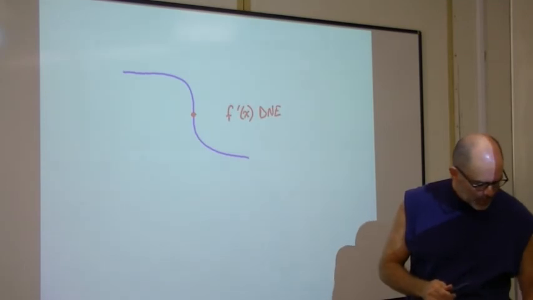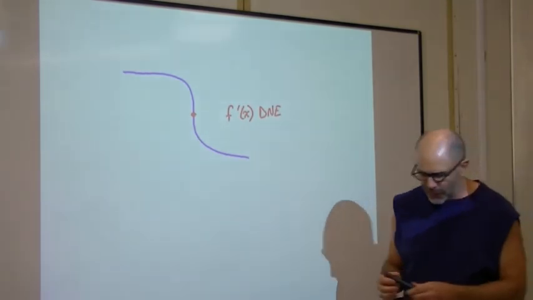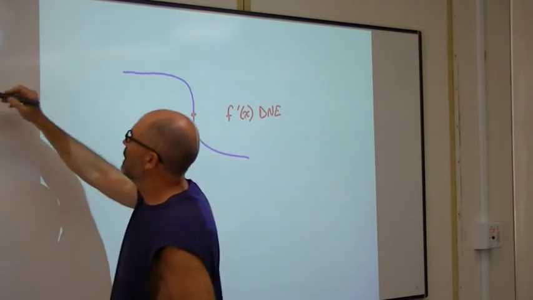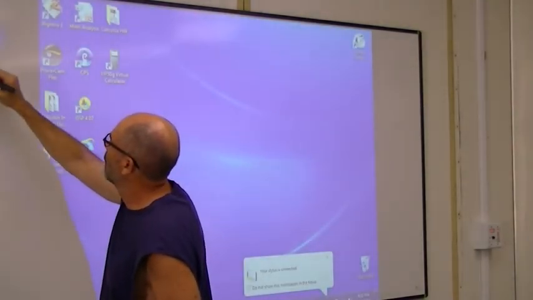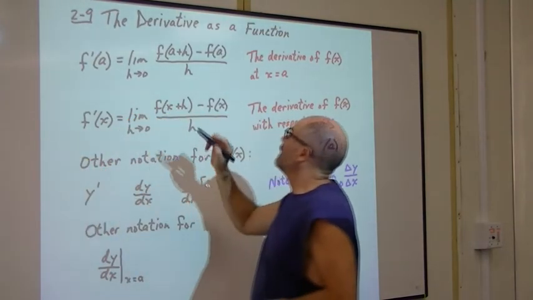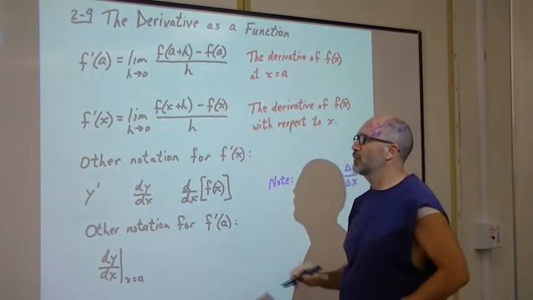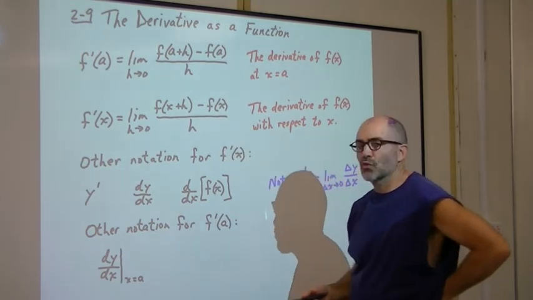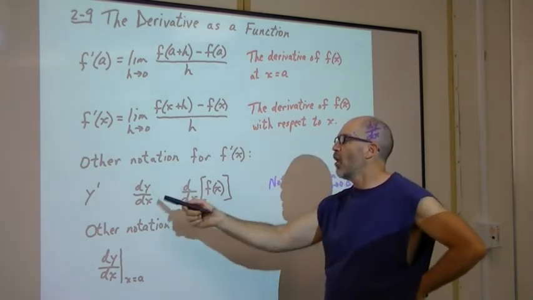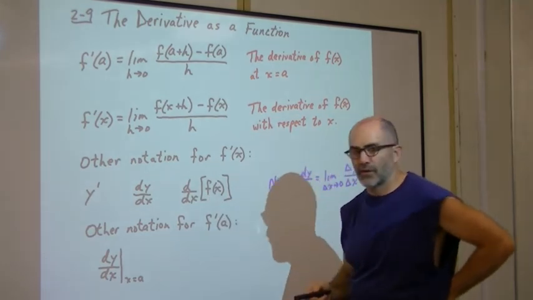Okay, so the main thing for this section is, number one, you need to know the definition of derivative. That's most important. Number two, you need to recognize and be able to use all the other notations for derivative.